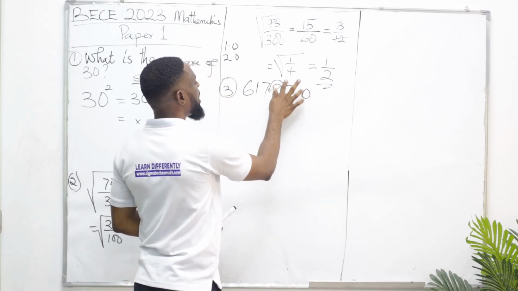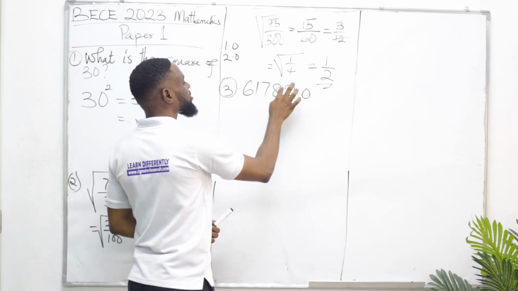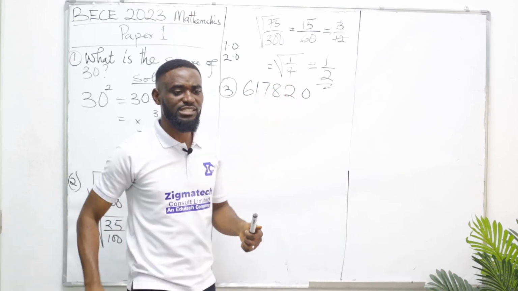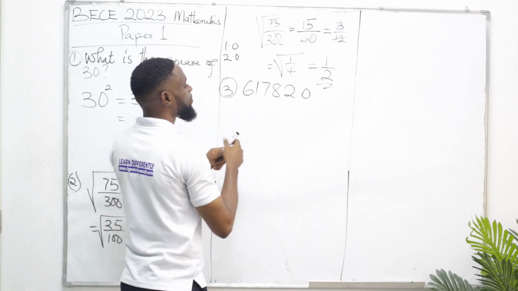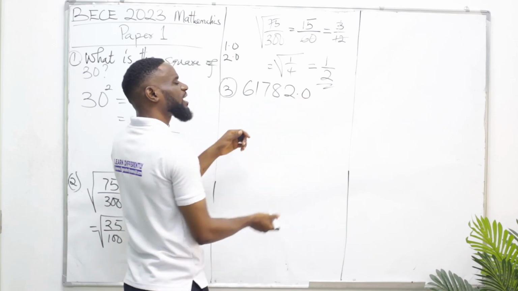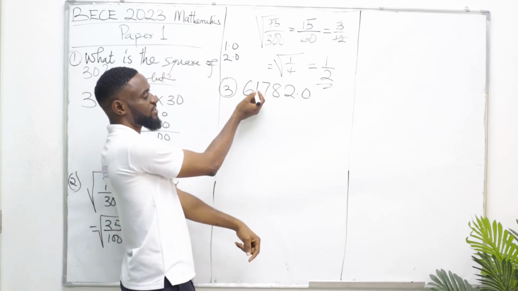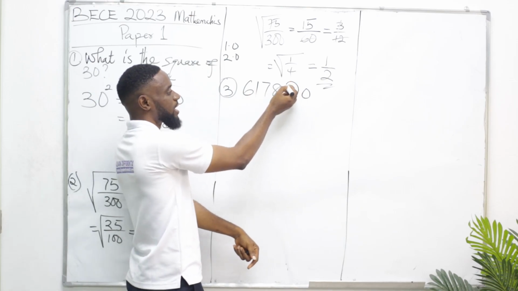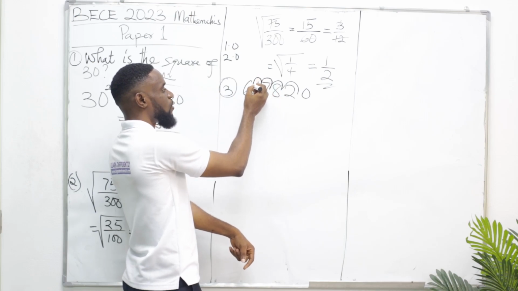Okay? What you have in your option is all the numbers you have there have the decimal point immediately after 6. So we are going to take this decimal point to where we have 6. So you count the number of times this number will move to where we have 6 here. So this number will move 1, 2, 3, 4.